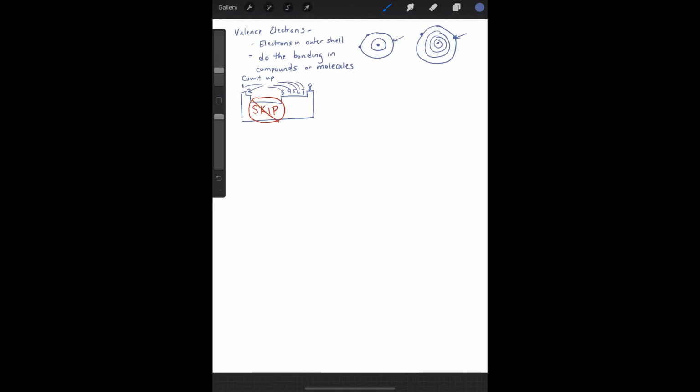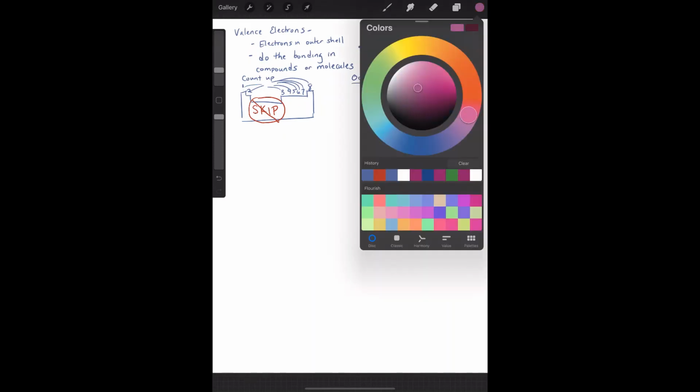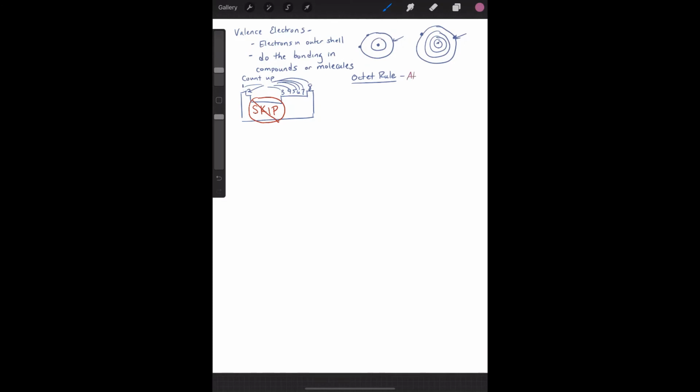So that's how we're going to find them. Now when valence electrons combine, they follow the octet rule. The octet rule tells us that atoms want, we say that they want them, but it's the most stable with 8 valence electrons.